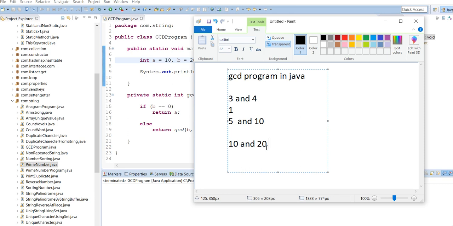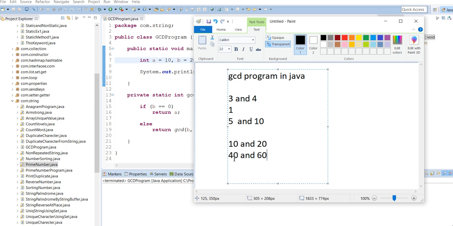Like 40 and 60. In this case, 40 is divisible by 2 and 60 is also divisible by 2, but 2 will not be the GCD because 40 is again divisible by 4, and 60 also. Then 4 is not the GCD either.